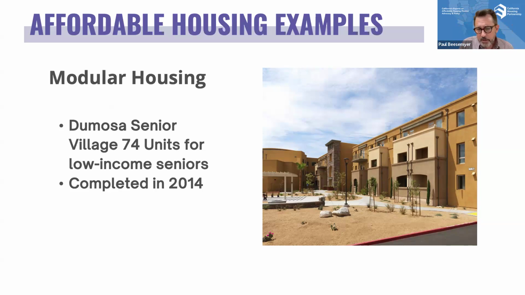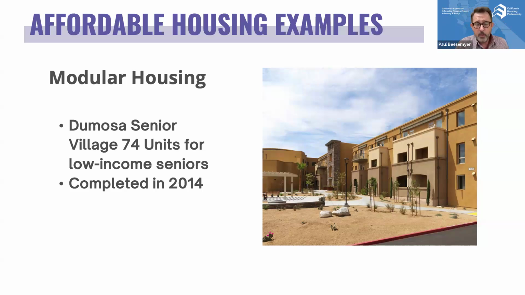And so what is modular? Well, what it means in a case like this is that the vertical components, that is the units themselves, are built offsite in a factory and then trucked to the site. And then the site-specific work is foundations, pads, parking structure, site work, et cetera, and then exterior treatments.